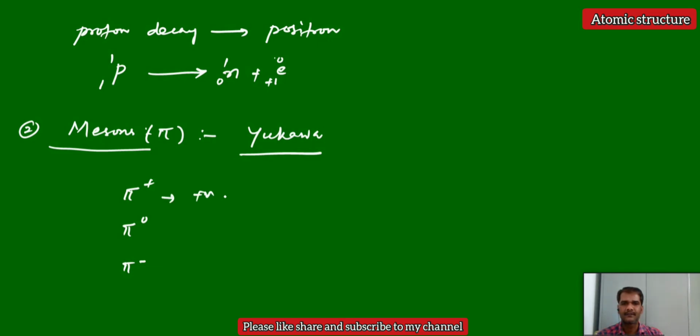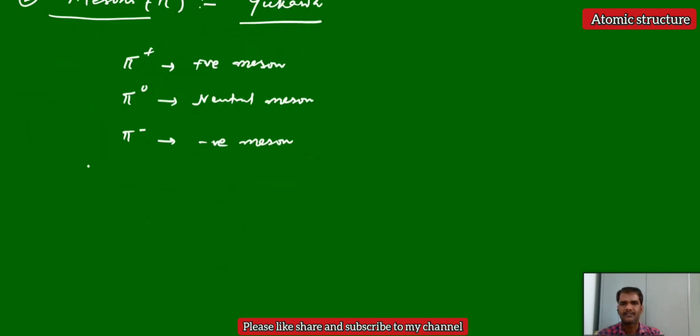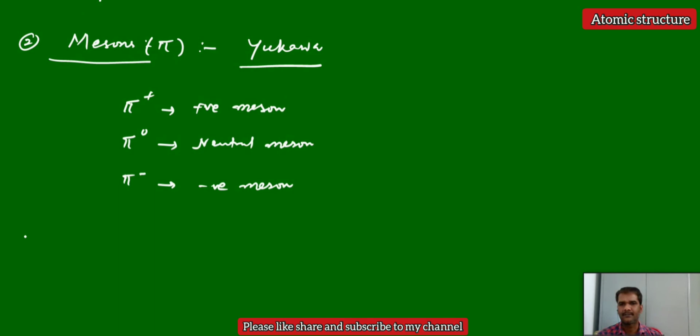This is the positive meson, it is a neutral meson, and this is the negative meson. But they are having mass in between electron and proton. Not exactly electron, not exactly proton, in between. Not much information is required. Just we saw how the meson looks.